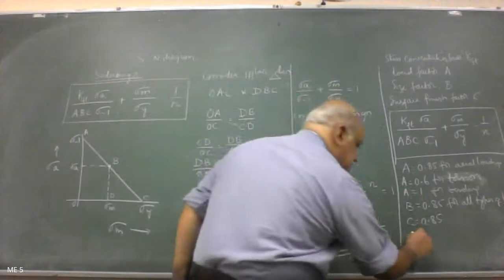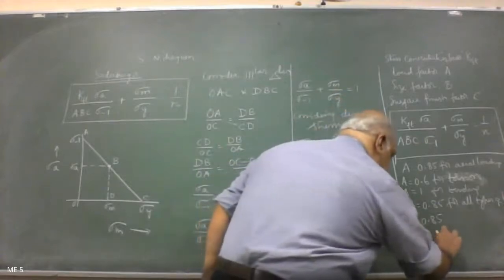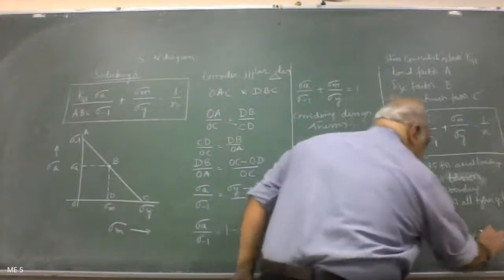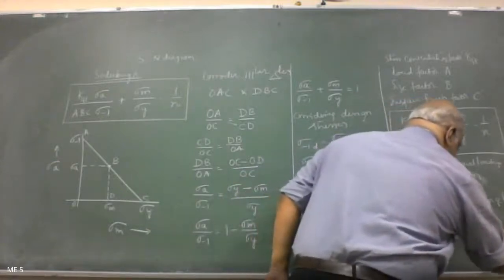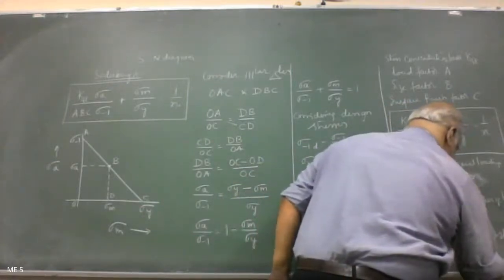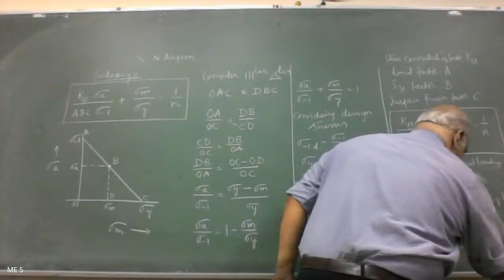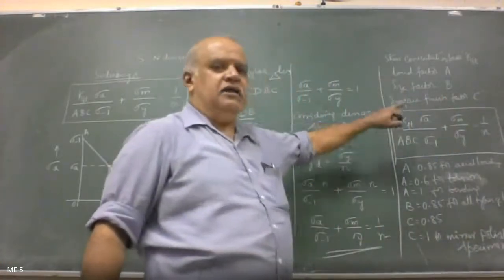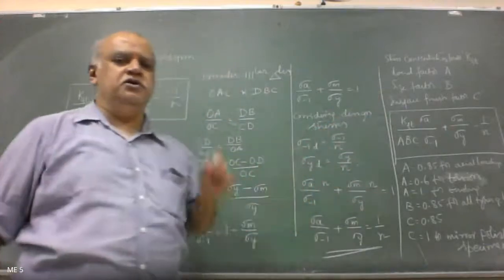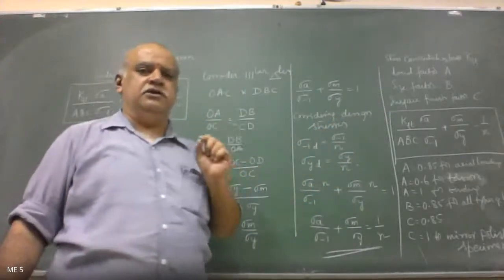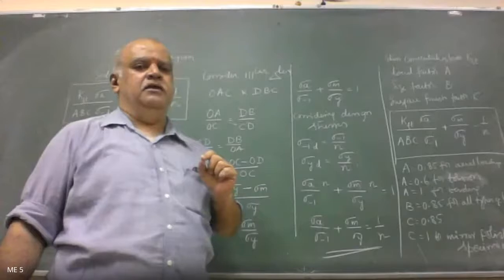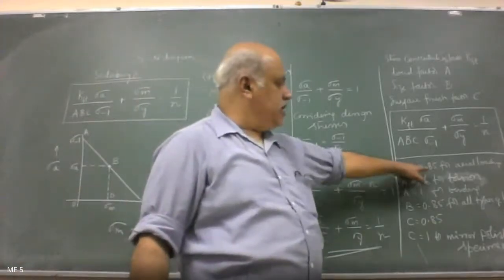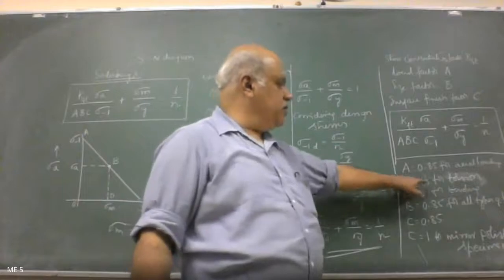That is, C will be equal to 1 for mirror polished specimen. And the value of KFT is equal to 1 unless otherwise mentioned to consider the stress concentration factor in the member.